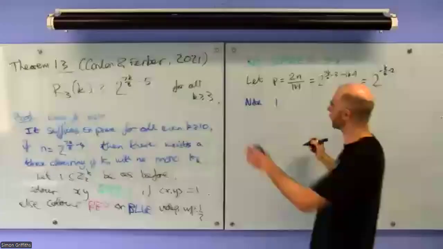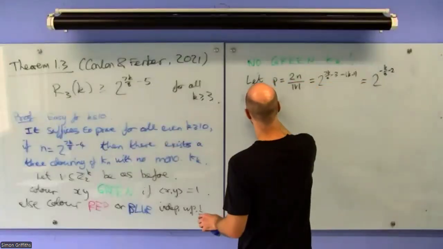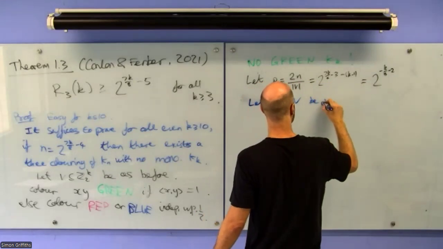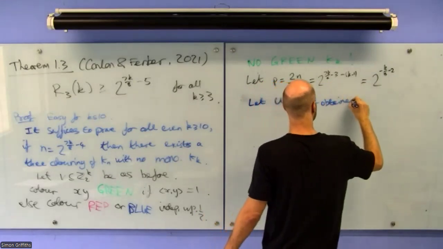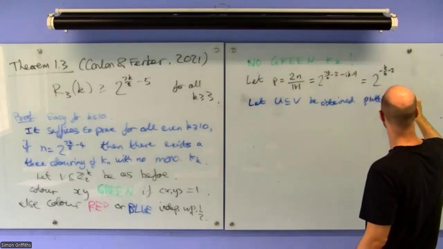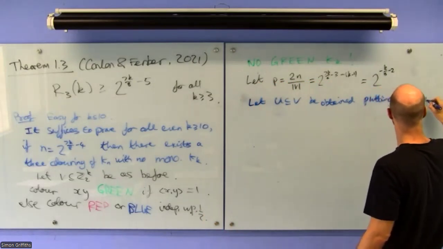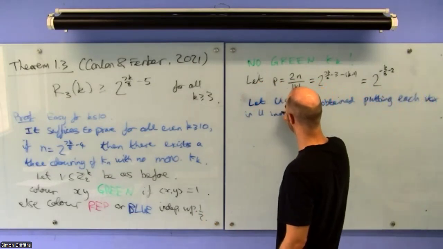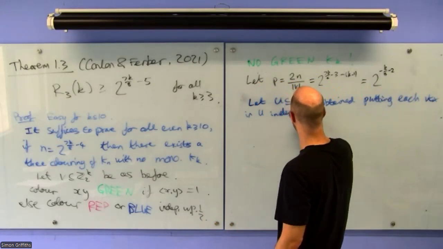So I'll just say, let U contained in V be obtained by putting each vertex in U independently with probability p.